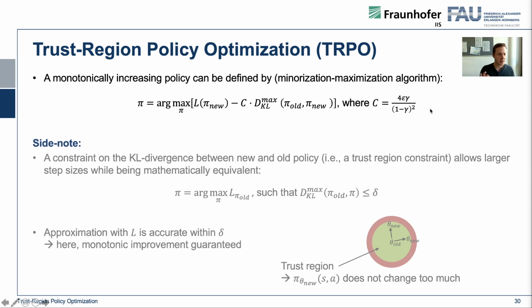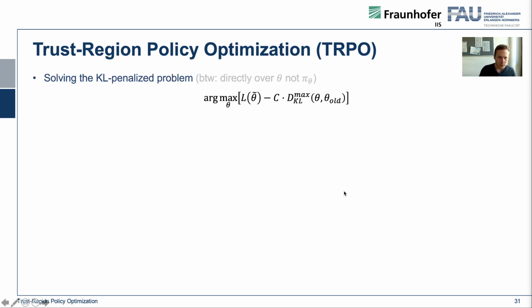Just a side note, you can also formulate this problem not with a penalty. This is a penalized problem. You can also constrain the problem. Then you say that you want to optimize a locally approximated function such that the KL divergence is below some threshold, which, from an optimization perspective, allows larger step sizes, but is harder to optimize in practice.